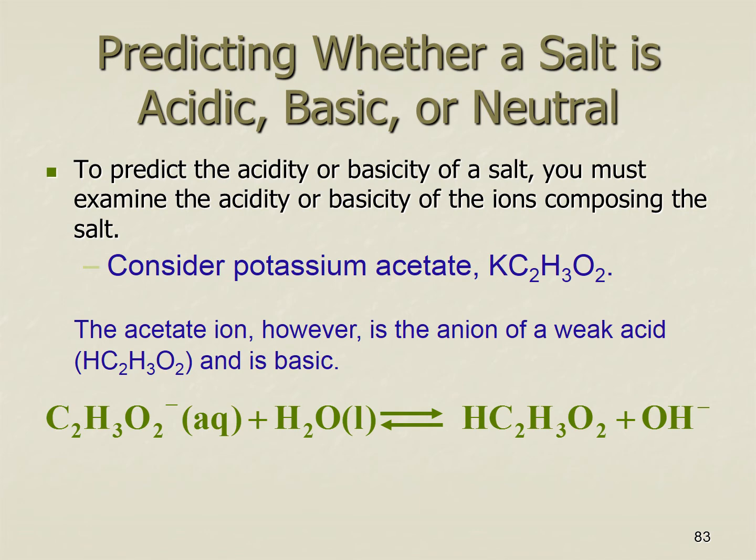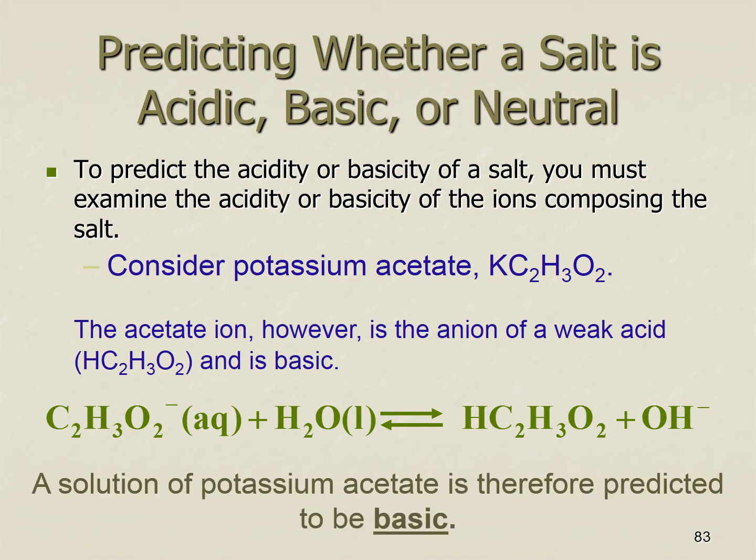So again, the negative ion of a weak acid has some basic character, and here they're showing you the reaction: C2H3O2 negative reacts with water, grabs the H, and you get OH negative. So potassium acetate has no acidic character, but it does have basic character, so this salt will be somewhat basic. So we predict this to be basic.